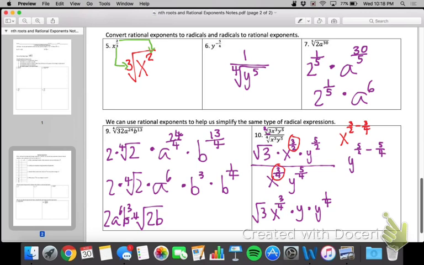So now, if I convert everything back into radical form, I have a y out front, and then a square root of 3, and then a 4th root of x cubed times y. And that is my final simplified answer. So this one's nice because it really does come out looking a lot simpler than the original problem. Okay.